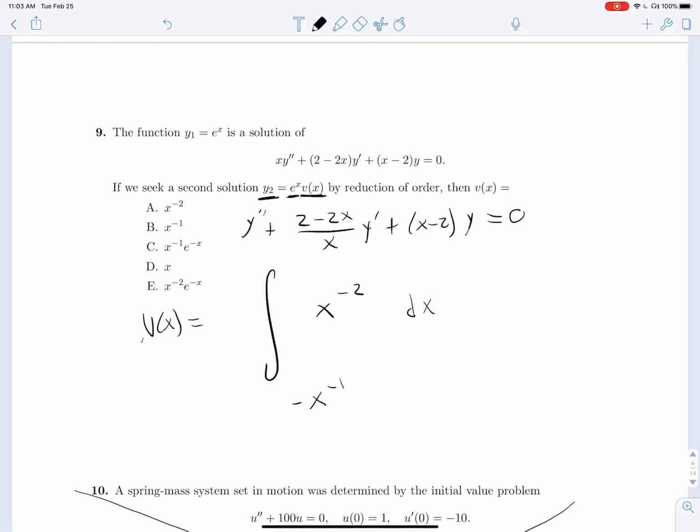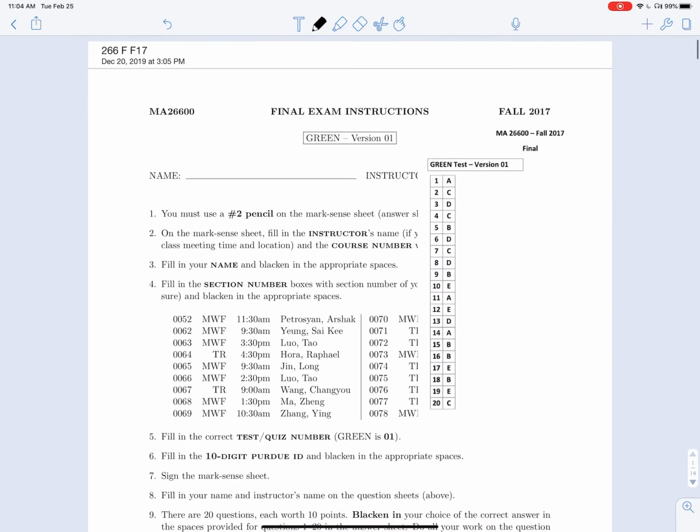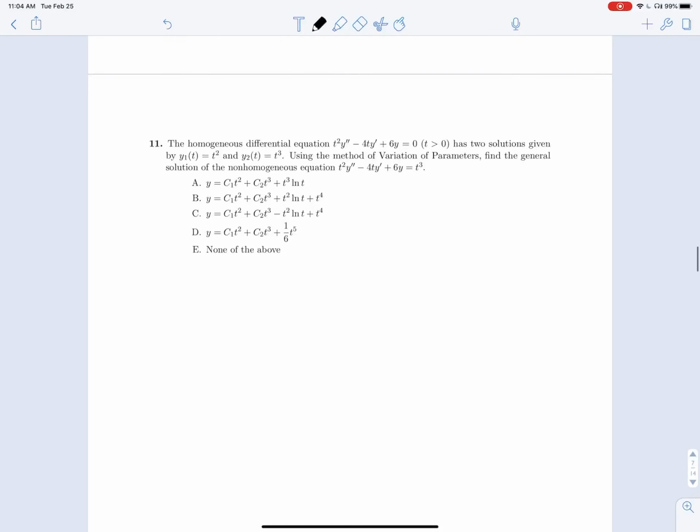Importantly, because our solutions can be any linear combination of these two solutions, it doesn't matter whether we have a plus or a minus here, because the constant that we're multiplying this solution by could very well be negative. So it's fair to say that plus x to the negative 1 is also a valid solution. So B is our answer for 9.